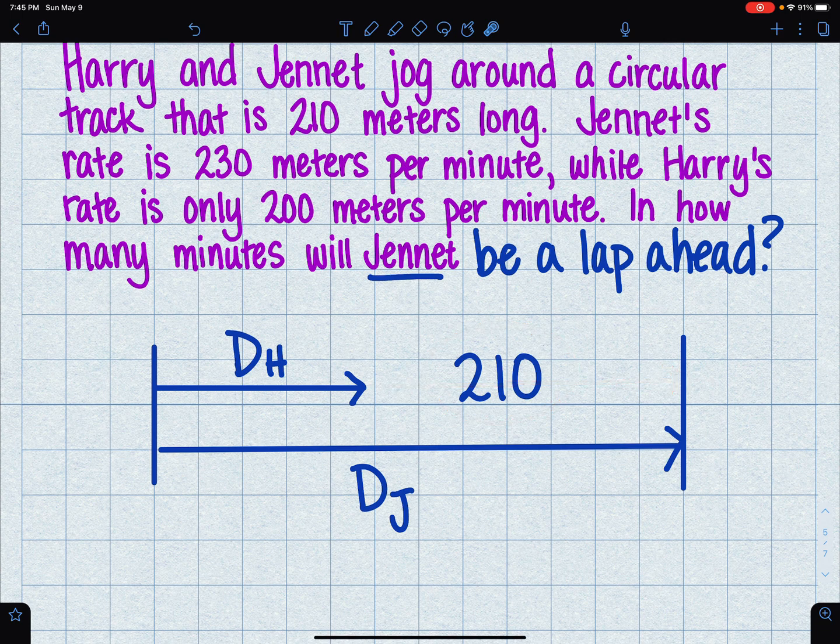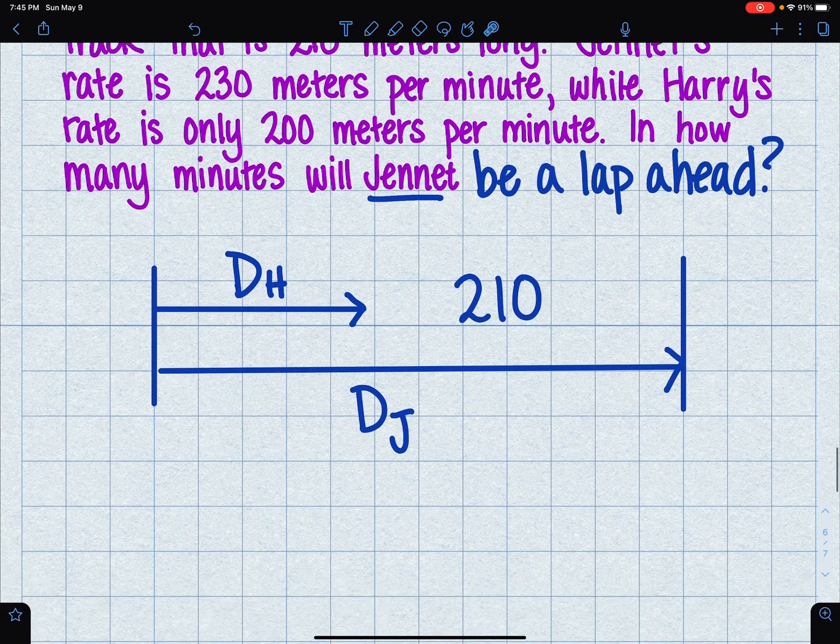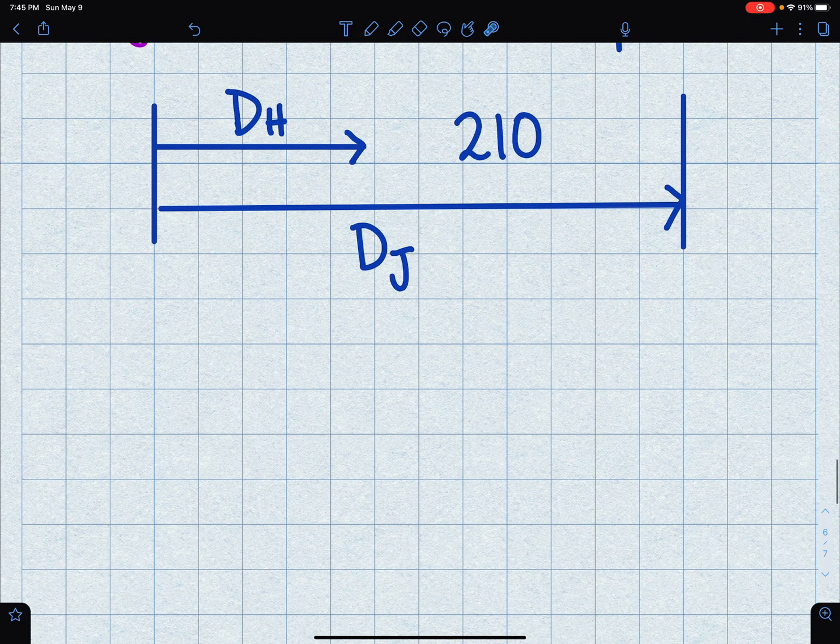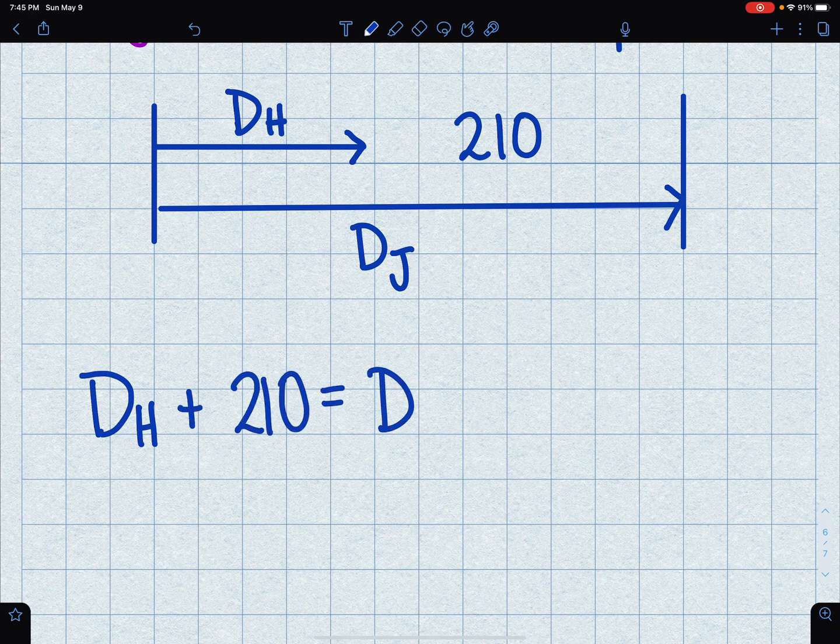Okay, so make sure that you draw the pictures on these and make sure that you get the picture right. If you get the picture right, you'll get the whole thing right, because then all you have to do is write the equation. This plus this is equal to this. So DH plus 210 is equal to DJ.